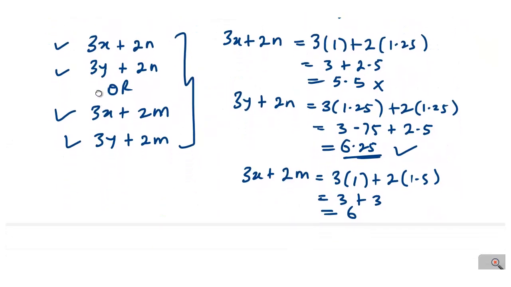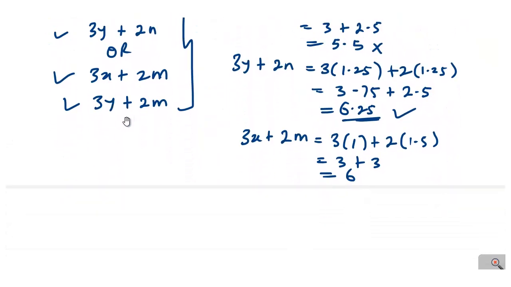And the last one is 3y plus 2m. That will be 3 times y, which is 1.25, plus 2 times m, which is 1.5.